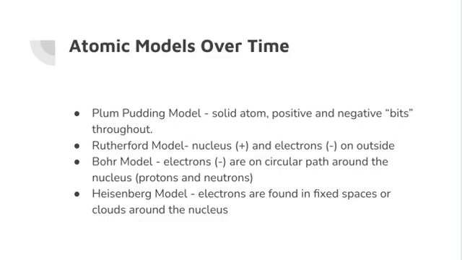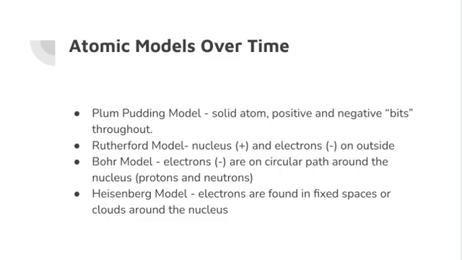Niels Bohr came in a little bit later and said that electrons were on these circular paths that went around the nucleus. So the electrons were circling around the protons and the neutrons. And that's the model that you probably learned about in middle school, because that's the one that is pretty accurate in terms of where they thought these circles were located.